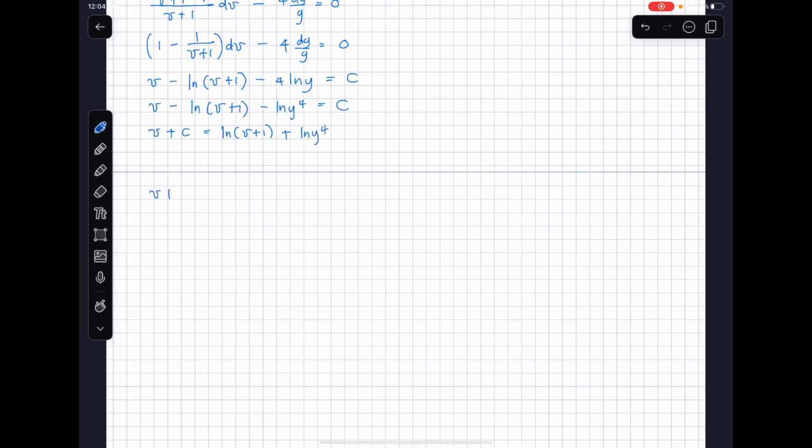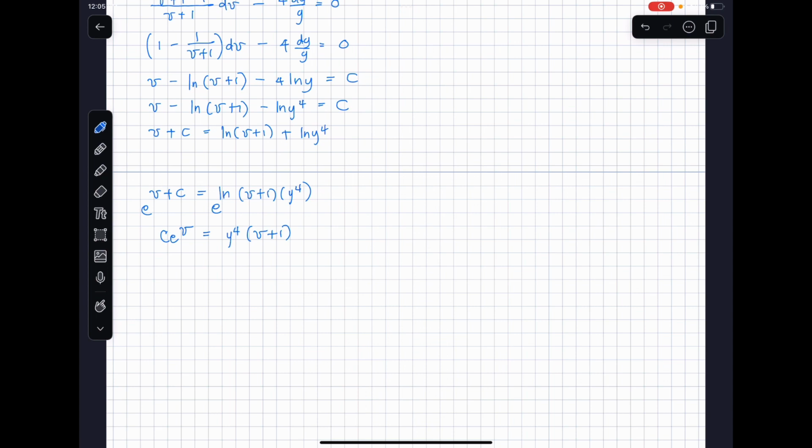So we can combine the two as (v plus 1) times y raised to 4. We can exponentiate both sides, leaving us with c e raised to v is equal to y raised to 4 times (v plus 1).